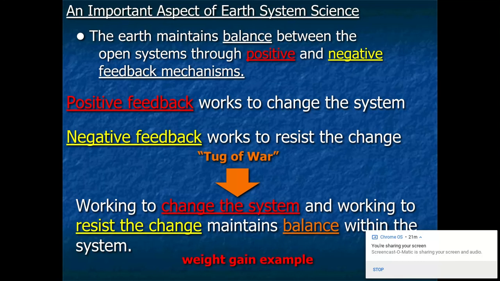So I'm going to use, if you look at the bottom of the screen, what I call my weight gain example. To start with, we'll create a person that loves to eat McDonald's, loves to eat donuts all day, does not exercise, and sits in front of the television.